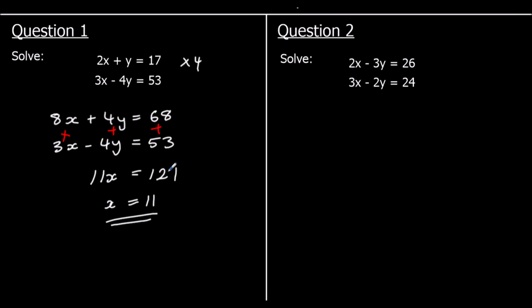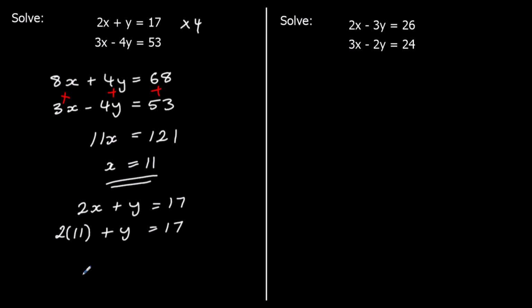So I can substitute this back in to find y. So 2 11s using the top equation plus y is 17. So 22 plus y is 17. Take 22 away from both sides. So y is negative 5.